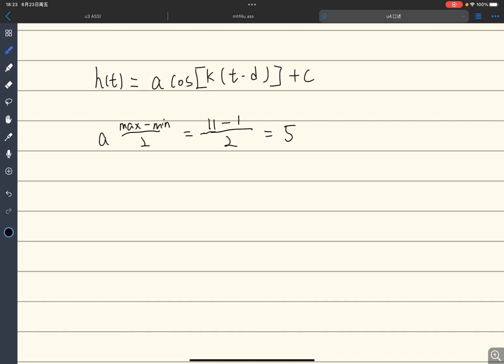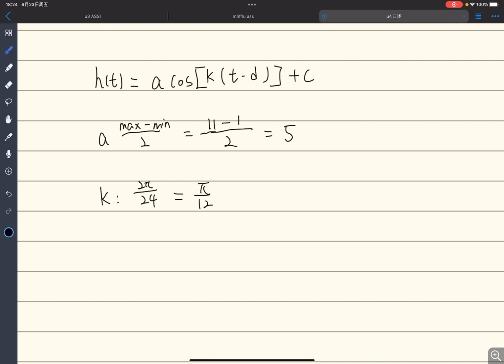The frequency determines the time required for the Ferris wheel to complete a rotation. In this problem, the Ferris wheel rotates once every 24 seconds, so we can calculate the frequency as 2 pi divided by the period.